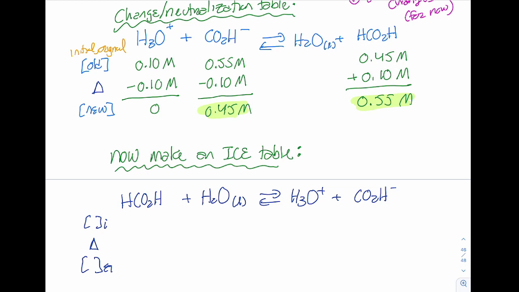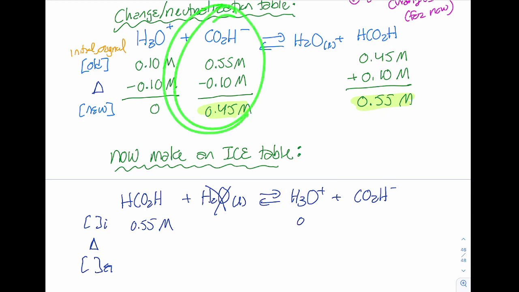So for formic acid, I'm going to have 0.55 molar. Don't care about water, 0. And then for formate ions, 0.45 molar. Oops. Writing with my highlighter never looks good.